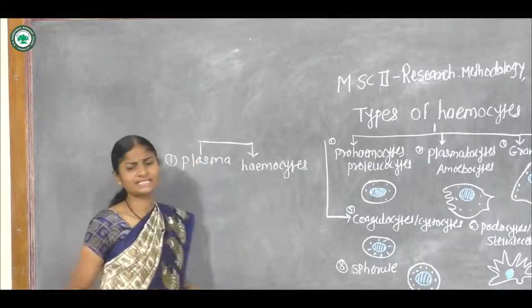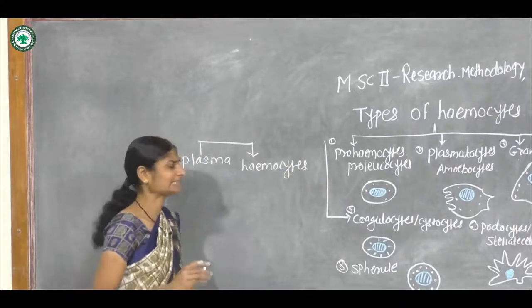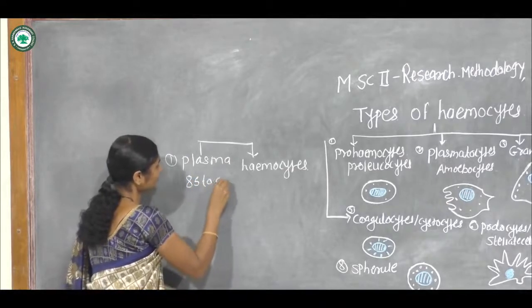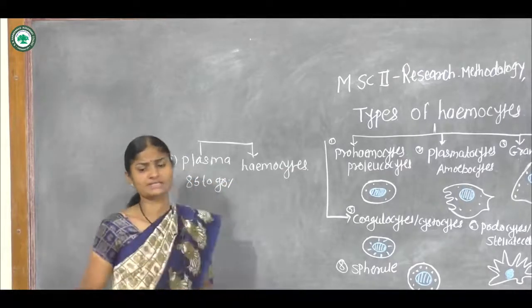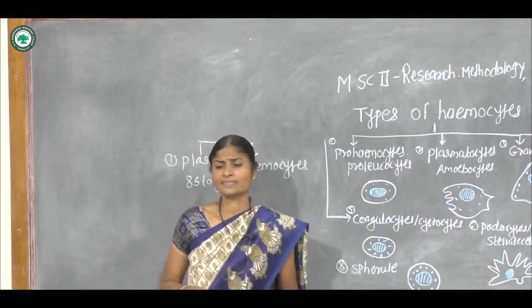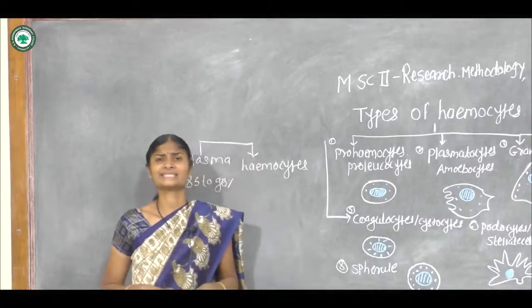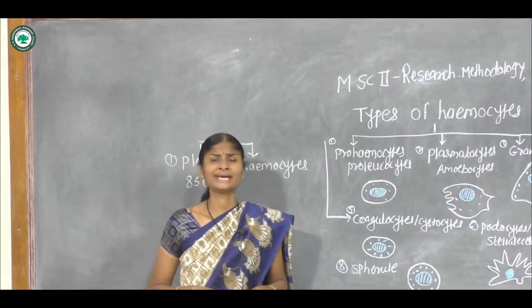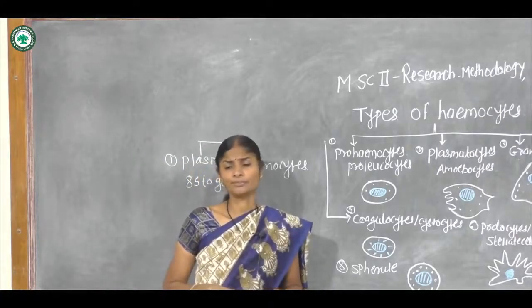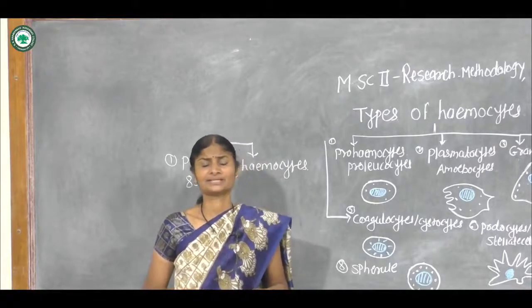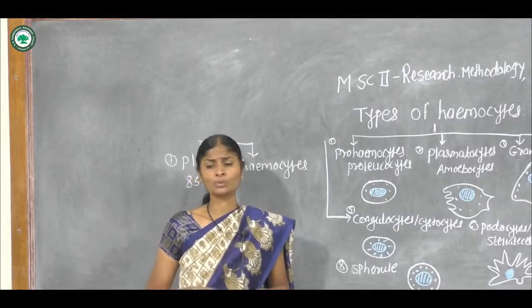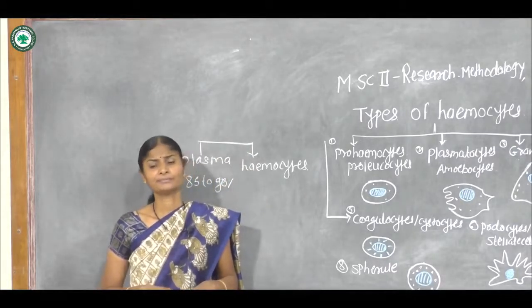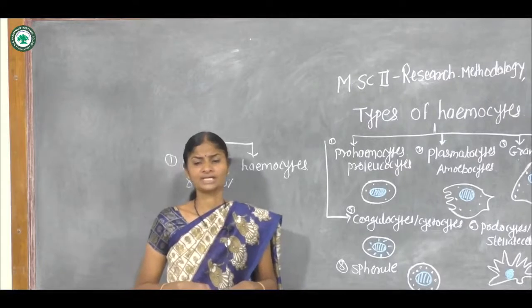Plasma contains about 85 to 90% water. This plasma is clear but sometimes pigmented with color pigments, that is, yellow, brown, green, orange and red pigments are present.